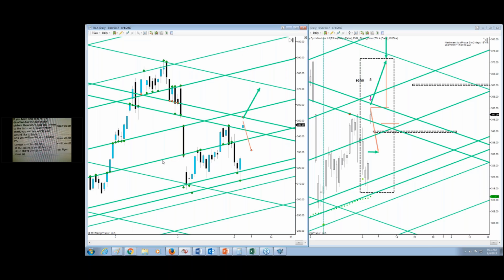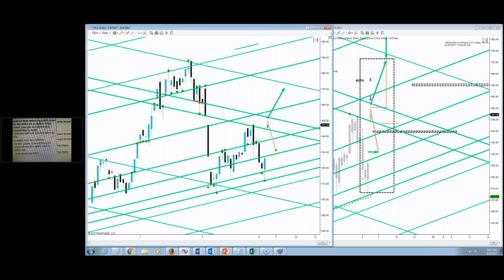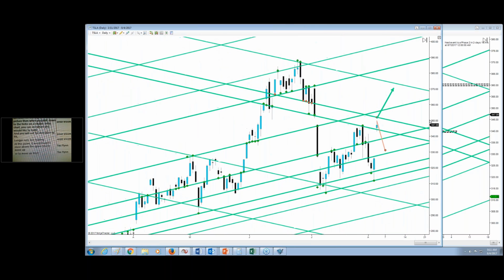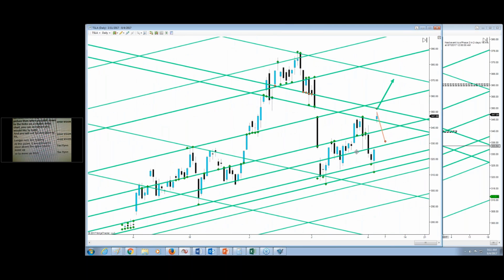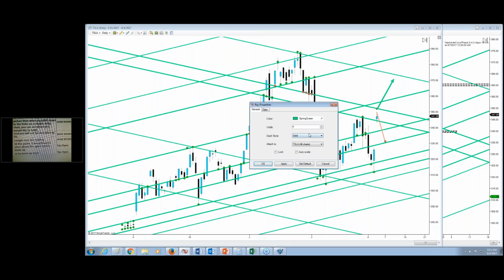So Carrie, what I'm going to do is I'm going to take this green line, I'm going to copy it and drag it down to where that orange line is, and look for touches and closes. And sure enough, I'm going to make this dotted.